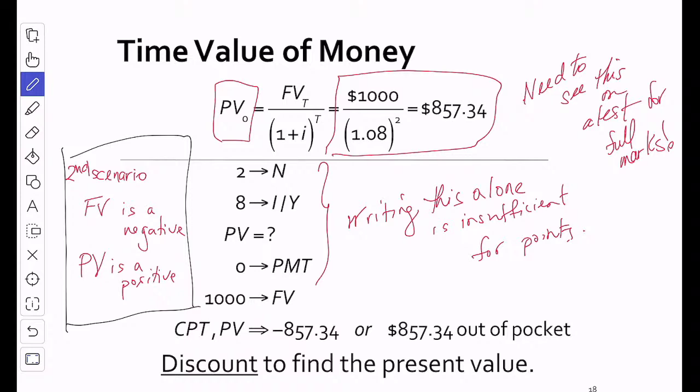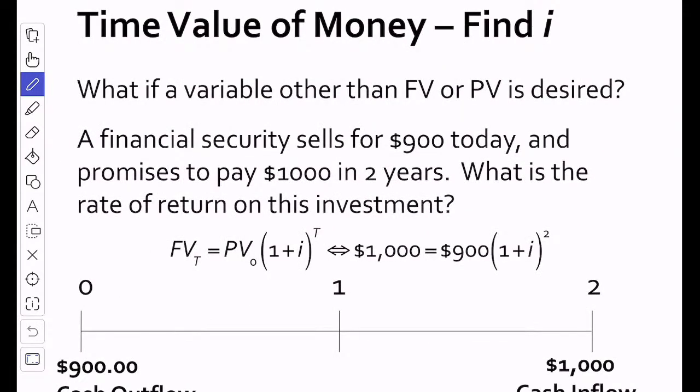Now, what about the other variables? This time I'm going to give you FV, PV, and T, and you have to find I. So I could just enter everything into the time value of money relationship. This is my timeline.